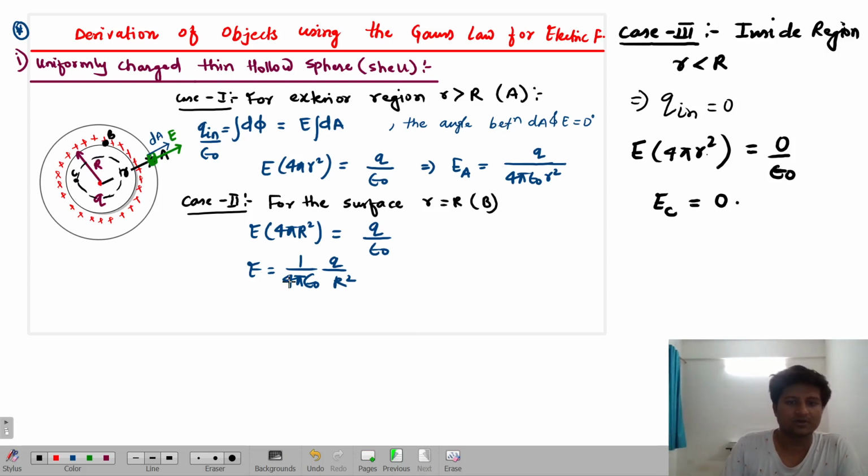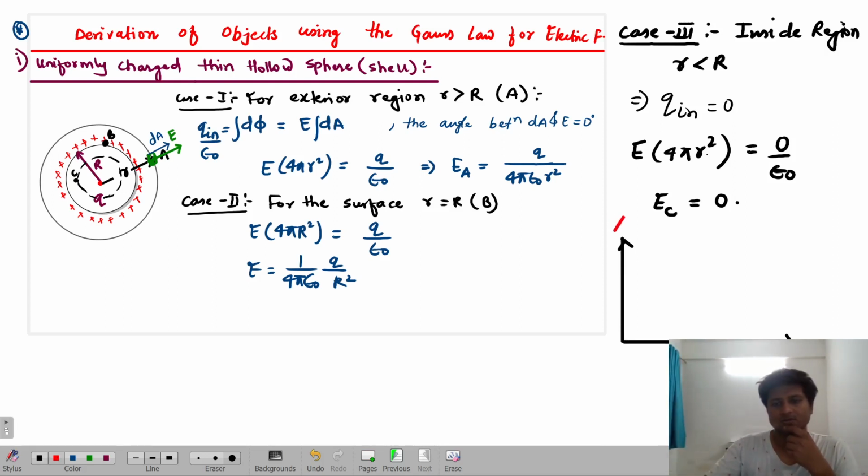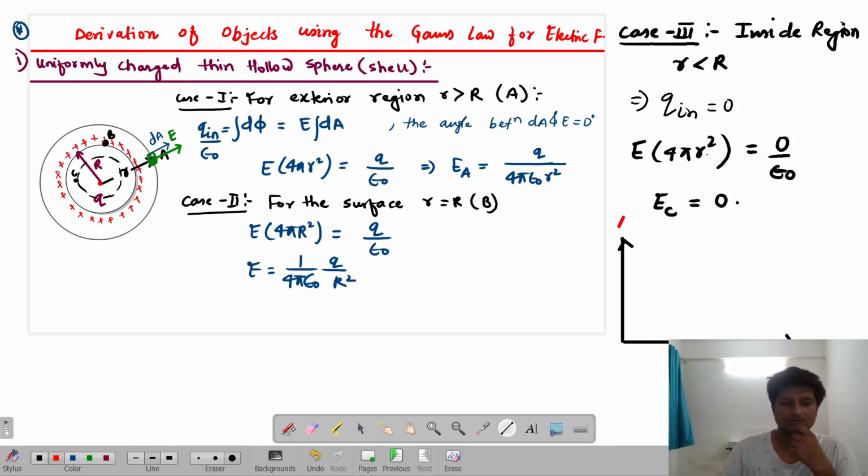On the surface it is 1 by 4 pi epsilon naught q by capital R square, and at an exterior point it is q by 4 pi epsilon naught r square. As you increase the distance, the electric field will start decreasing, isn't it? So I can plot the graph of electric field with respect to distance r.